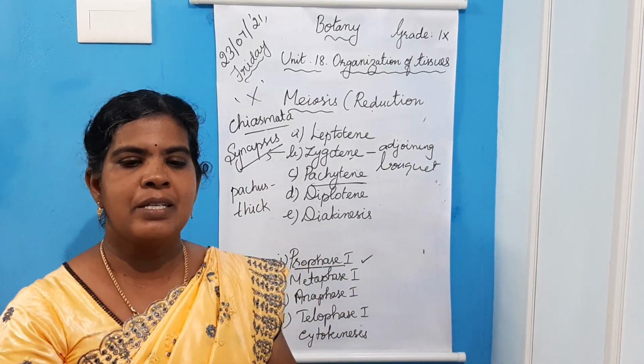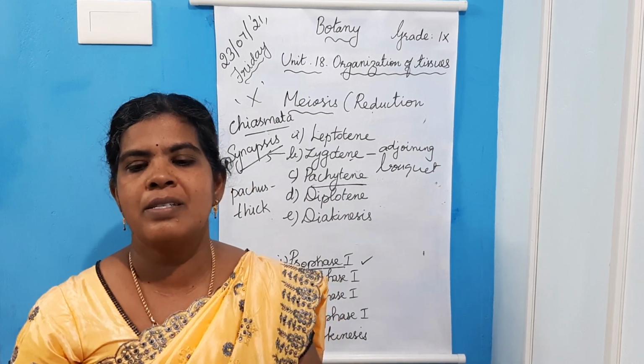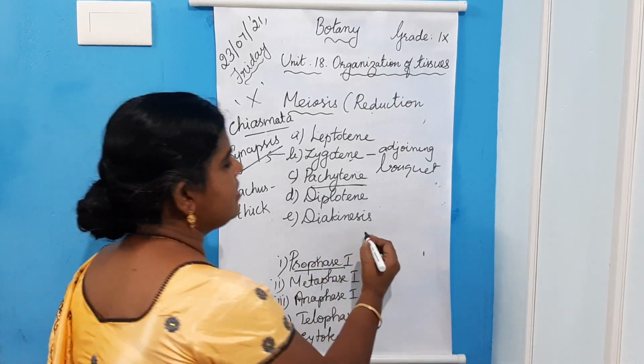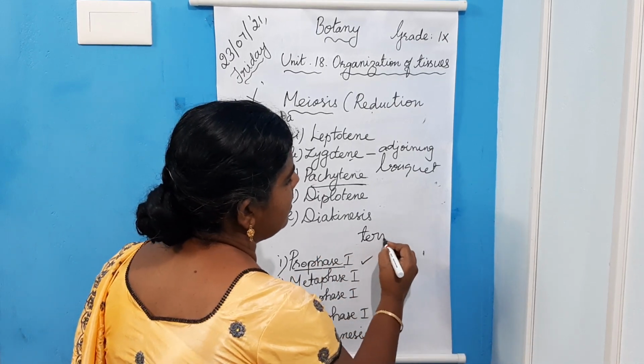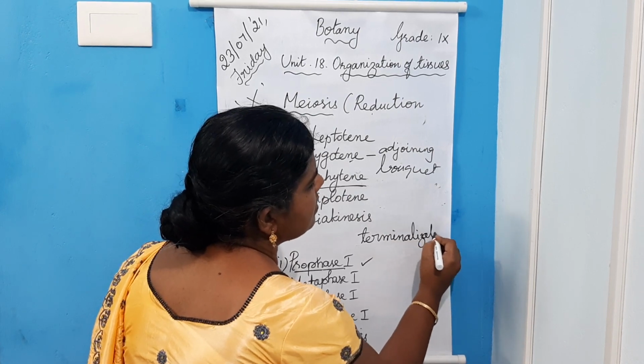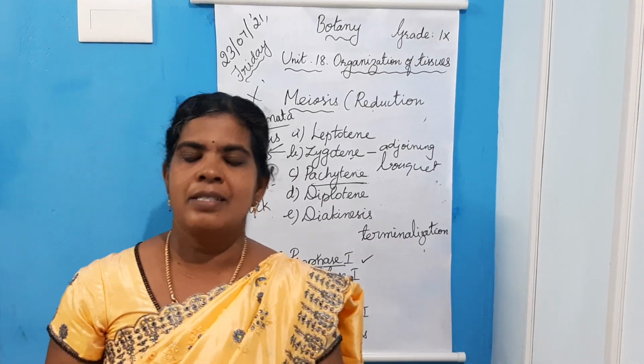The chiasmata begin to move from the centromere towards the end, resulting in terminalization, because they move towards the end.